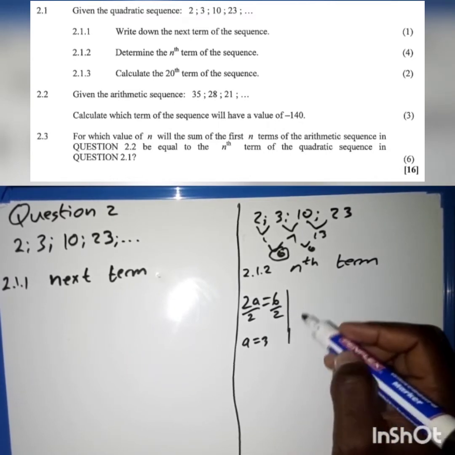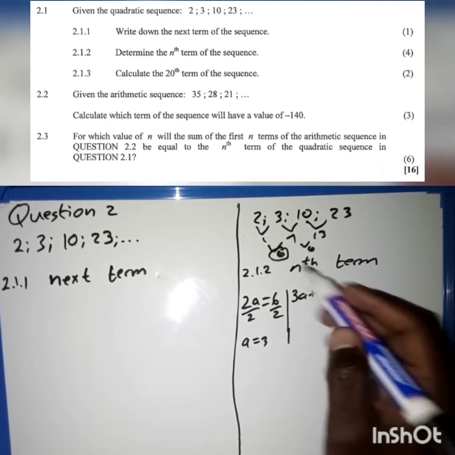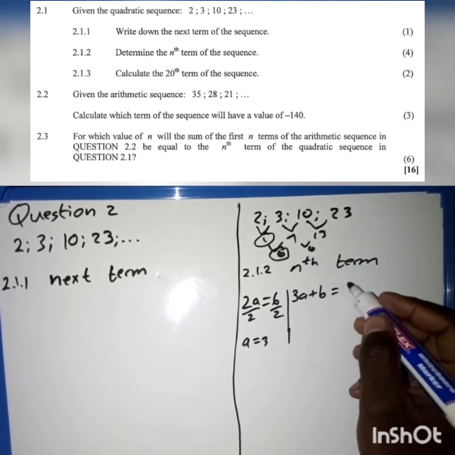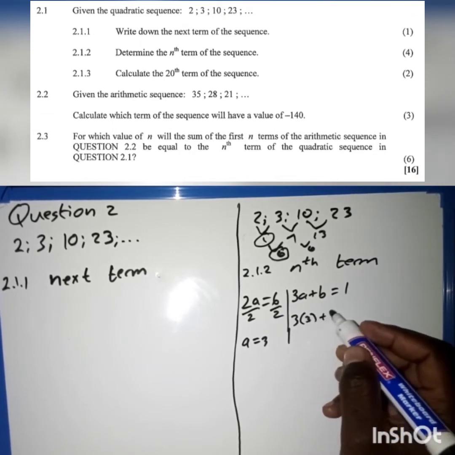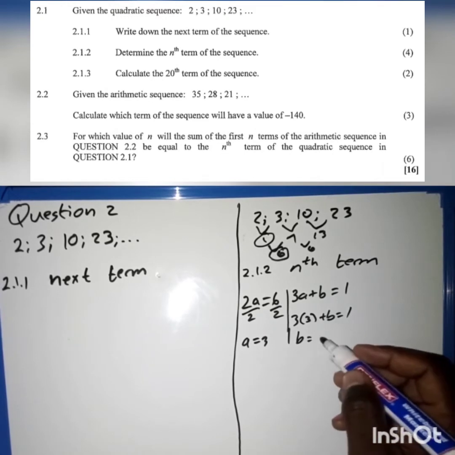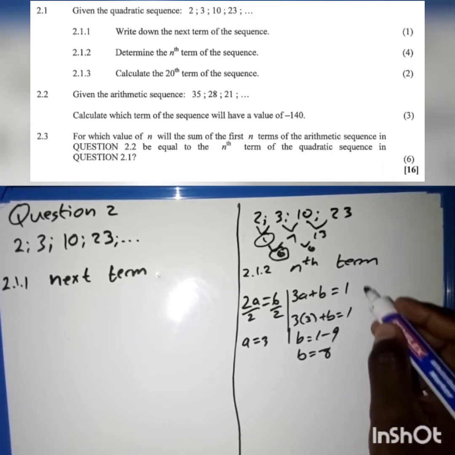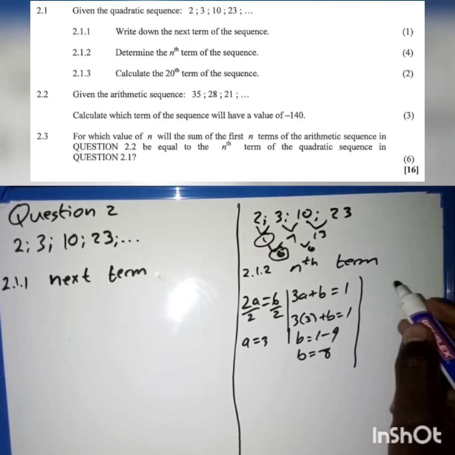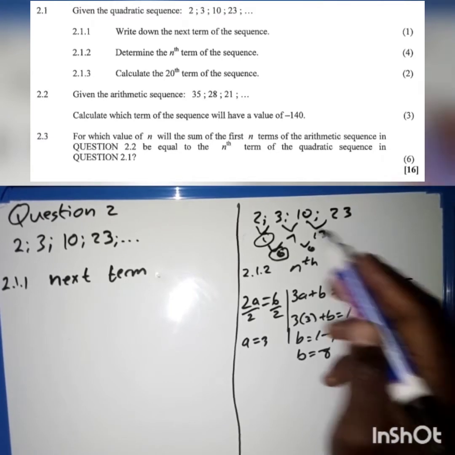And then to find my B, I'll say 3A plus B is equal to, what's the value here? It's 1. So I've got 3, and my A is 3, plus B is equal to 1. And then B will be equal to 1 minus 9. B is equal to negative 8. And then the next value, I've got A plus B plus C is equal to 2.